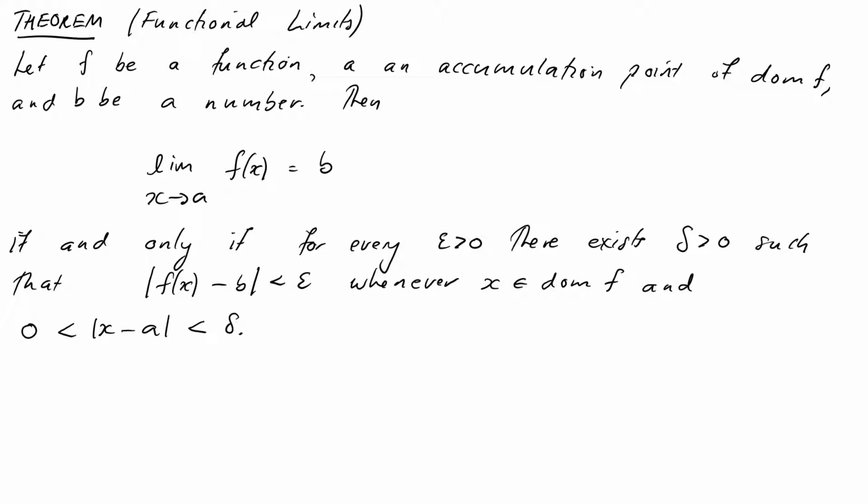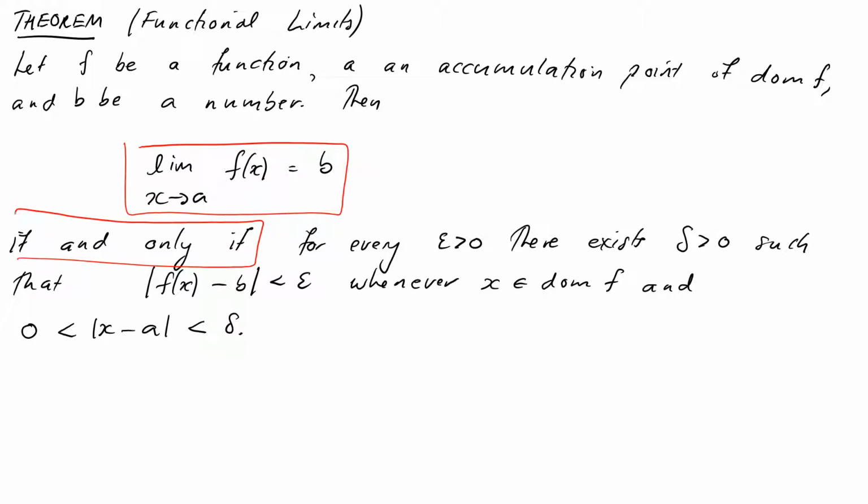Then this time we've got this limit if and only if. Okay, so remember, if and only if is going to establish the logical equivalence of two different statements. And here is what we call the epsilon-delta version. So for every epsilon greater than 0, there exists a delta greater than 0. Okay, so this is a familiar template pattern to our sequence convergence, isn't it, where we had epsilons and n's.